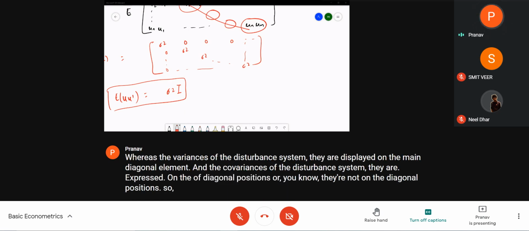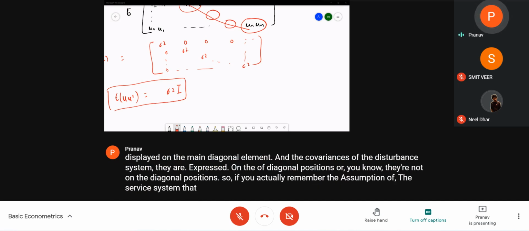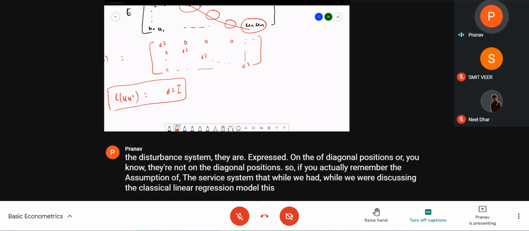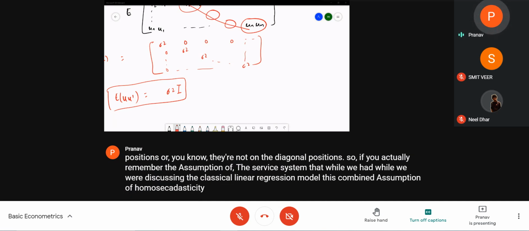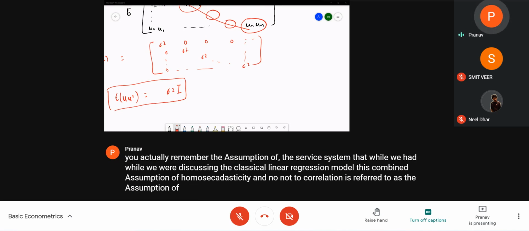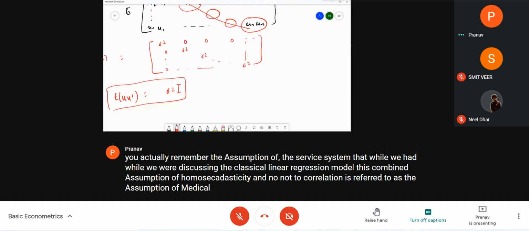So if you remember the assumption of the disturbance system while we were discussing the classical linear regression model, this combined assumption of homoscedasticity and non-autocorrelation is referred to as the assumption of spherical disturbances.